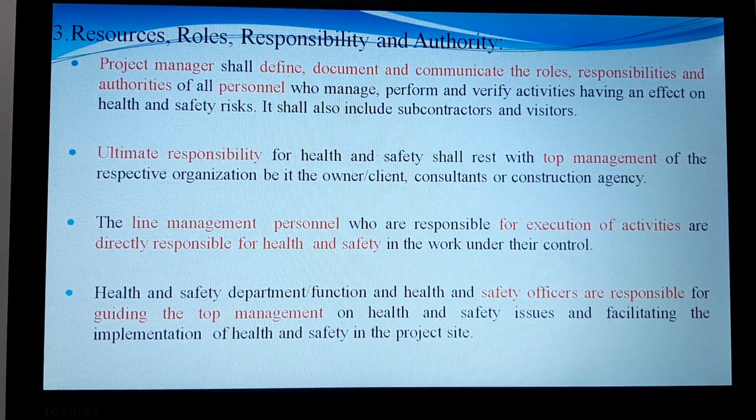The ultimate responsibility obviously would be vested with the top management, and every line management person who is responsible to execute the activities has to be given the responsibility, and they are directly responsible for the health and safety of the work which is under their control.